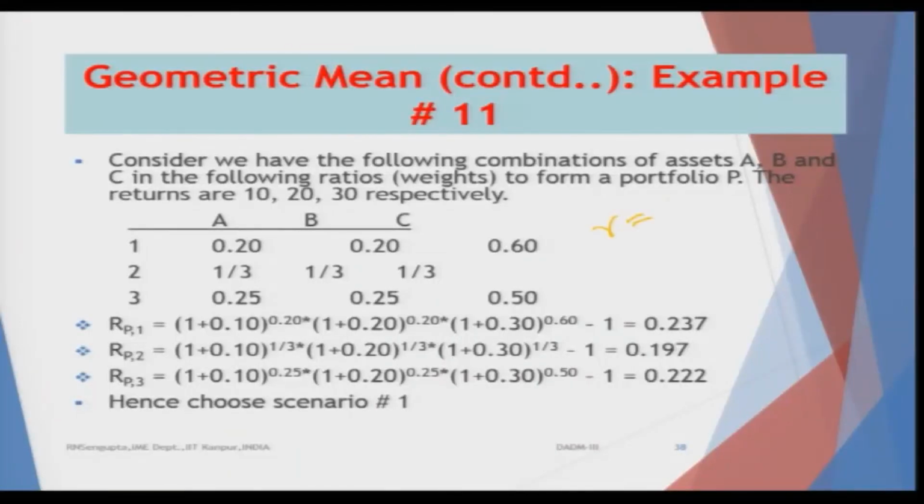One is r equal to (P2 minus P1) by P1. These P1, P2 are not the prices. Similarly, capital R would be equal to P2 by P1. That is why this minus 1 is coming here. Based on that we find 23.7, 19.7, 22.2, and hence we will rank decision 1.